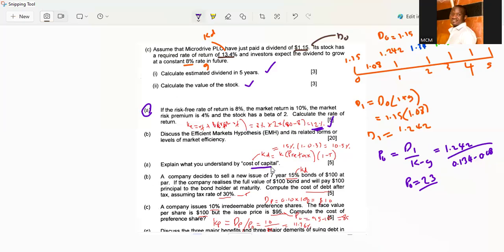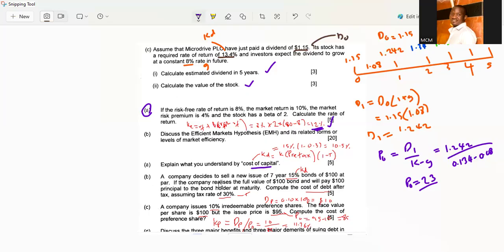Then we have the cost of equity, which we looked at in the CAPM model, and the cost of preferred stock, which is semi-equity and semi-debt. In this case, we are asked to calculate the cost of debt. The cost of debt is given by the pre-tax cost times 1 minus tax.